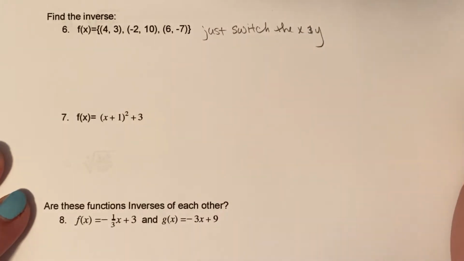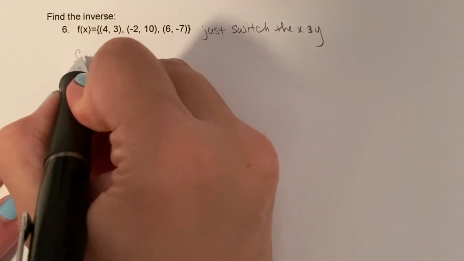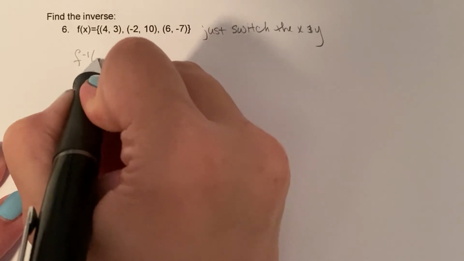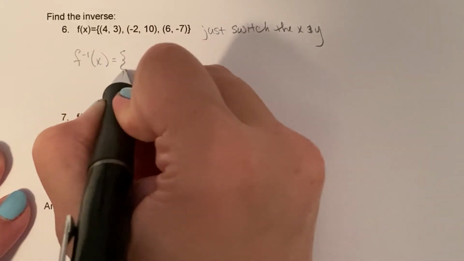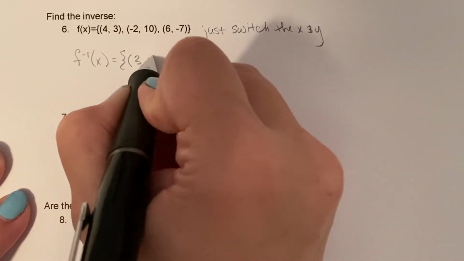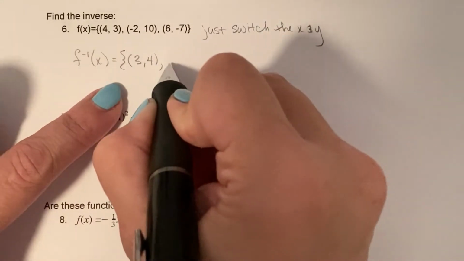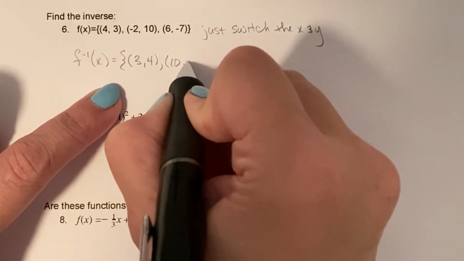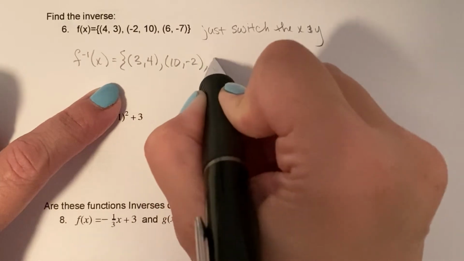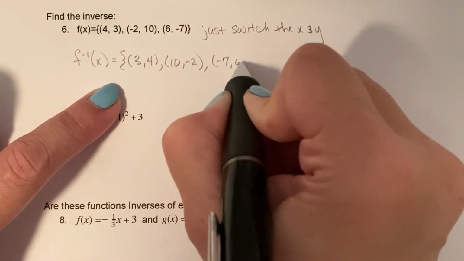Because remember, inverse is just the reflection across the x equals y line. So f inverse of x is (3, 4), (10, -2), and (-7, 6).